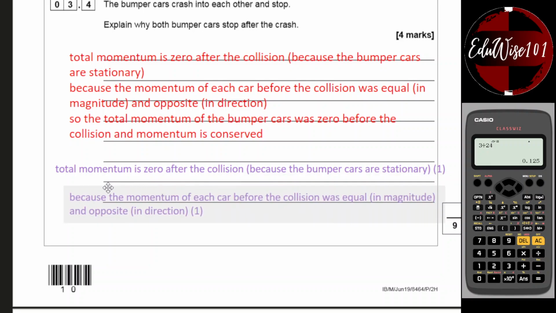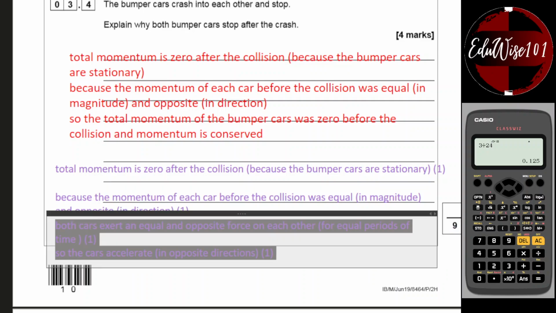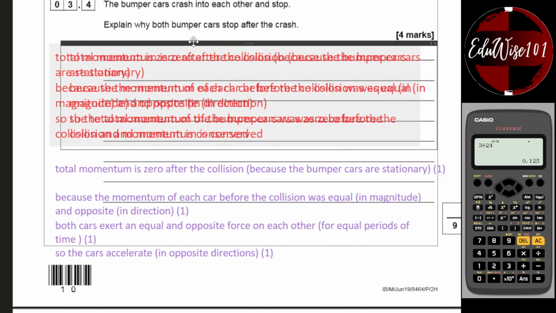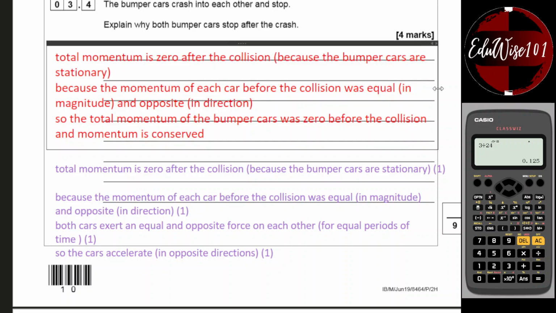The second point would be to say because the momentum of each car before the collision are equal in magnitude and opposite in direction, both cars exert an equal and opposite force on each other for equal periods of time. So the cars accelerate in opposite directions. I'll still stick with the first answer.